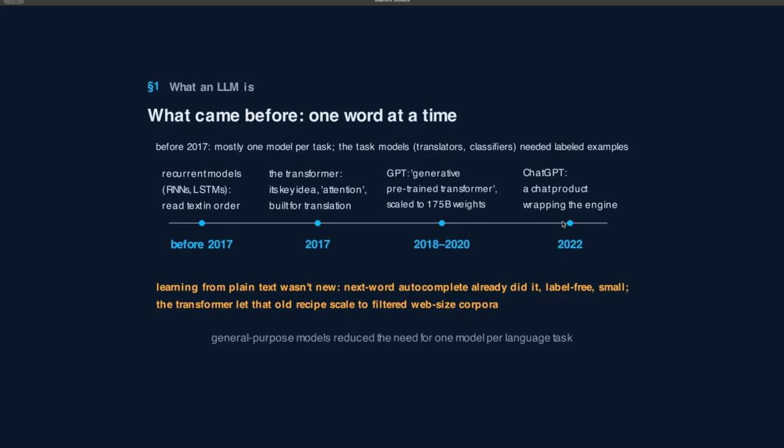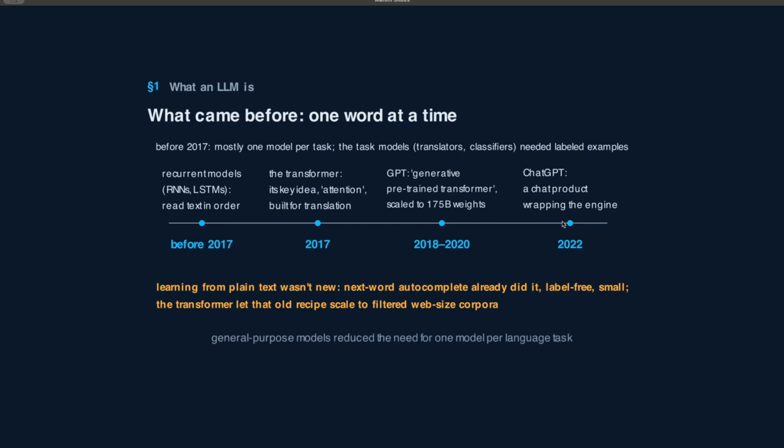There were a class of algorithms such as RNNs, or recurrent neural networks, that were a precursor to our current transformer-based architectures or large language models, which we'll talk about in a second. They read text in order, but there were specific limitations to how they were architected that prevented them from scaling the same way large language models do.